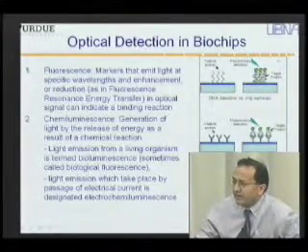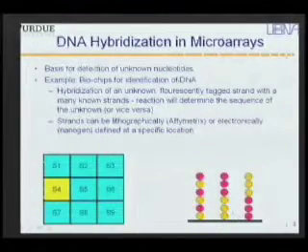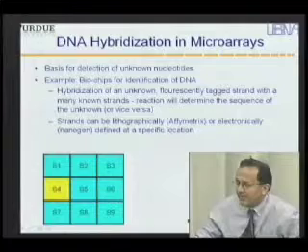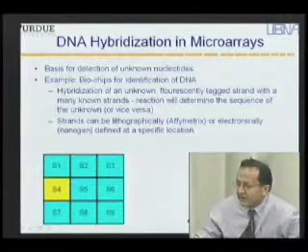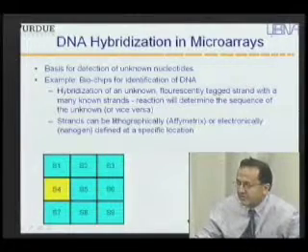Okay. So let me give you a little bit more of an introduction to DNA hybridization in microarrays. These microarrays are more and more used. They were originally developed by Affymetrix and Nanogen and then commercialized. There are 2 distinct approaches of making those microarrays, and I'll briefly talk about both of them.